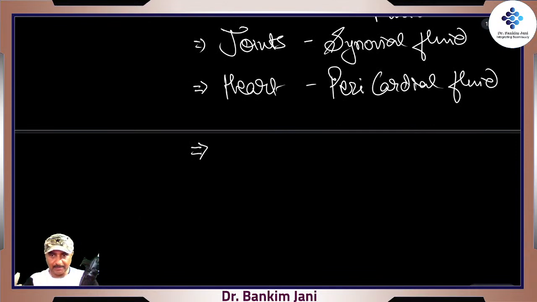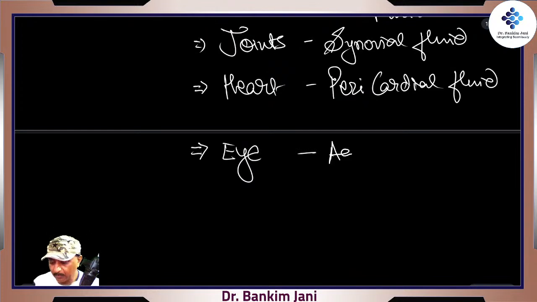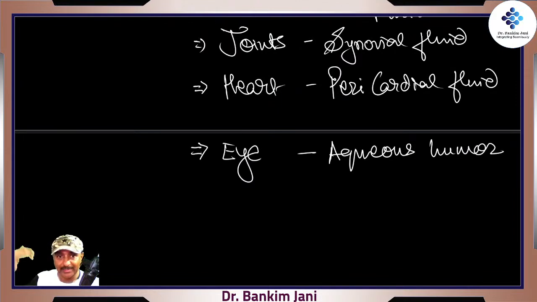They keep on changing, they keep on getting absorbed, and new fluid keeps on coming. In case of the eye, there is aqueous humor in our eyeball. If there is any change in this fluid, if it increases or decreases, there are so many complications.